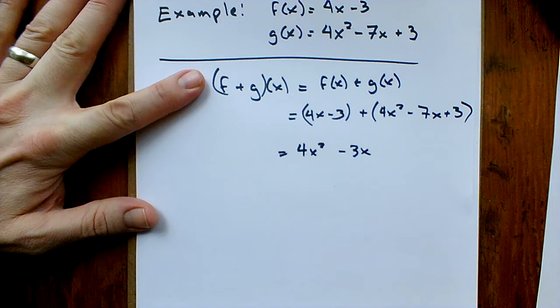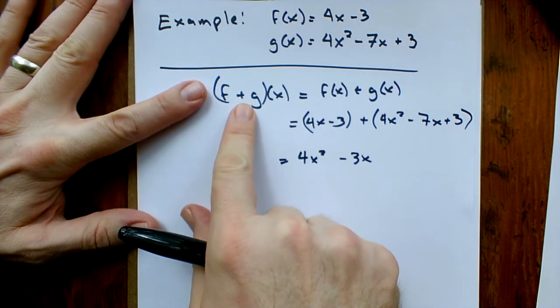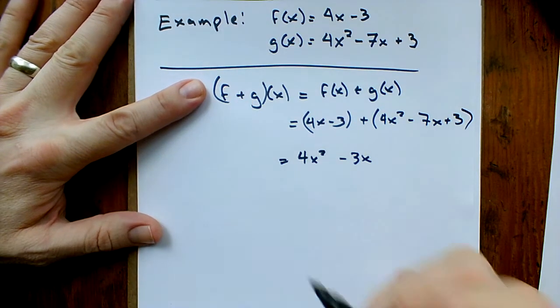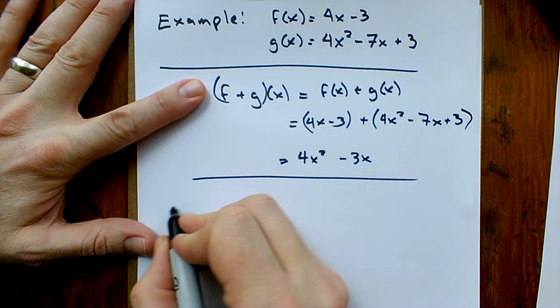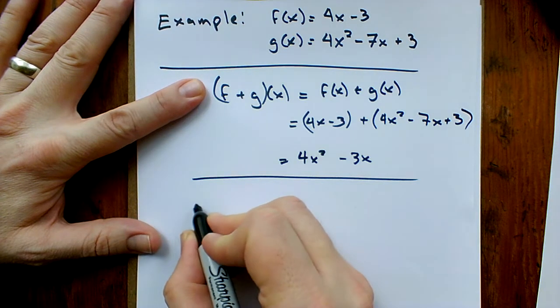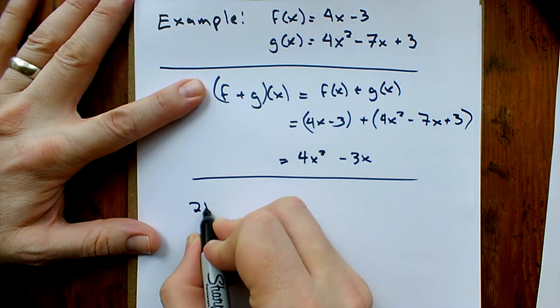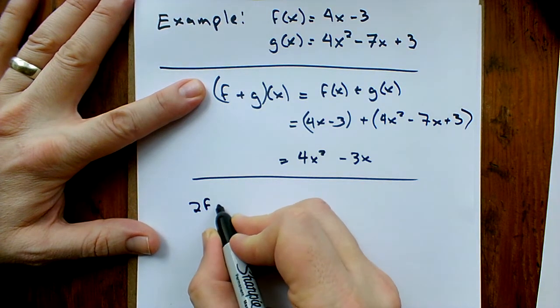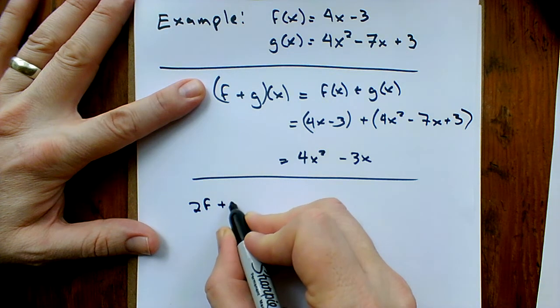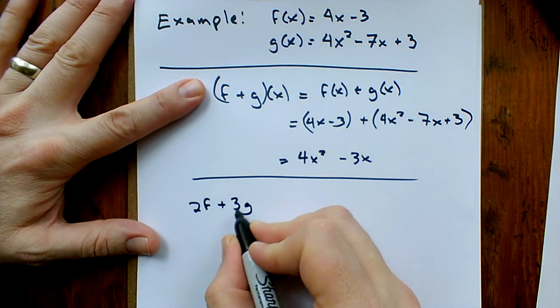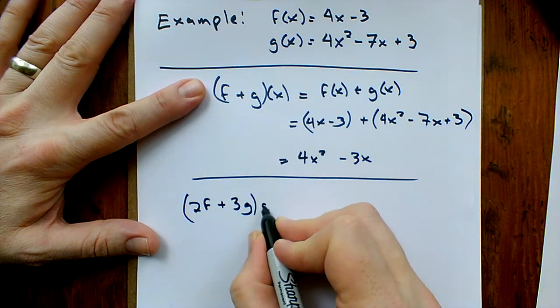I also want to say, with this we could do something a little bit more exotic if we wanted to. I could say, what happens if I did something like 2f plus 3g of x?